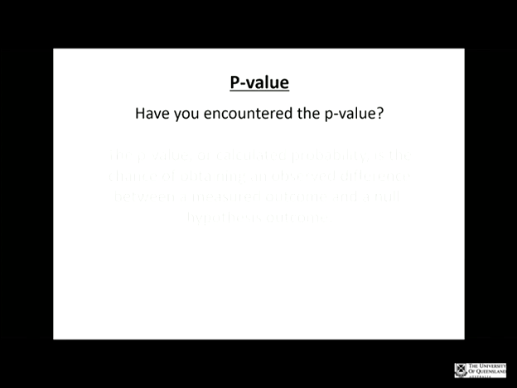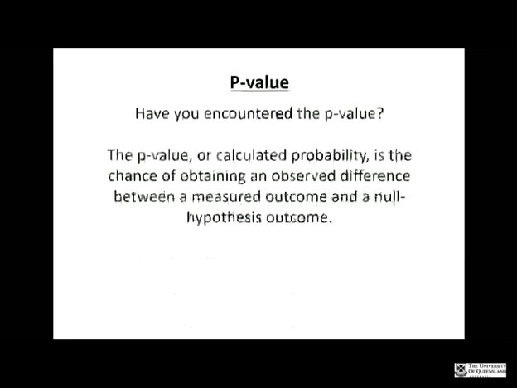So in terms of the p-value, we know that the p-value is the chance of obtaining an observed difference between a measured outcome and a null hypothesis. Okay, it's just what you were doing in the prac earlier this week.